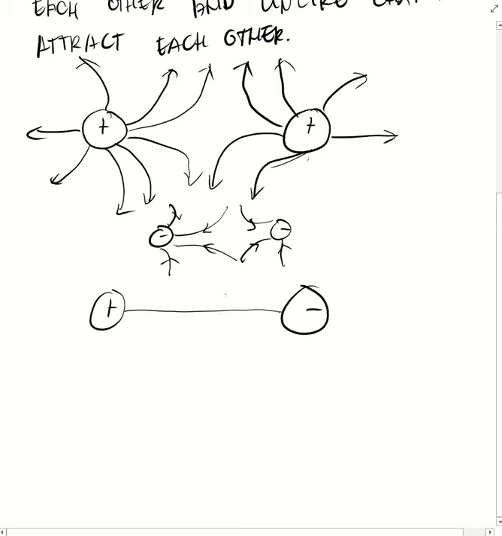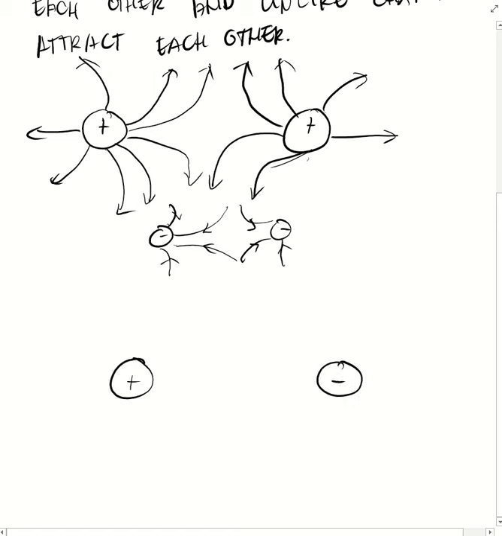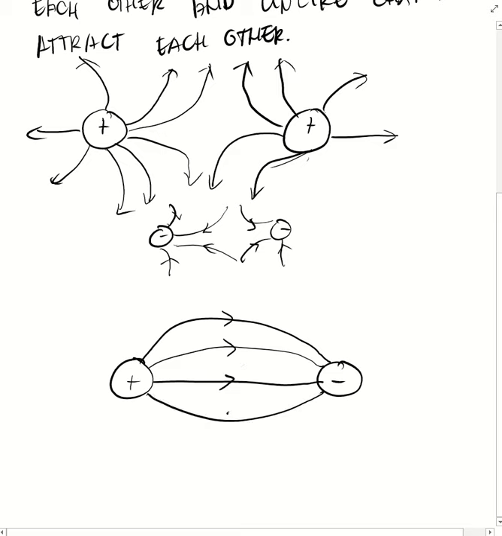Then for positive and negative unlike charges, they should attract each other, plus and minus. For positive it should be outward, for negative it should be inward, so the lines will be in that direction, and so on.